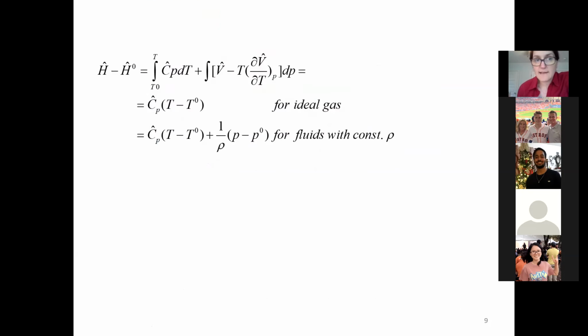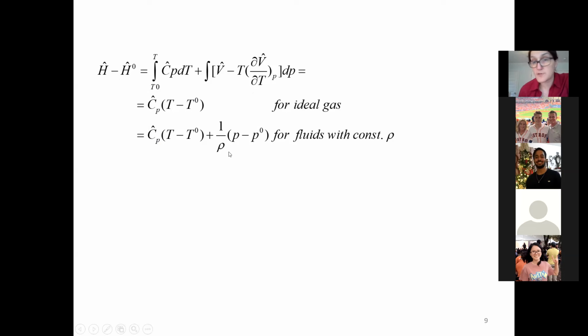So we also have to take into account what is enthalpy. And enthalpy is a thermodynamic relationship. So basically we integrate the thermodynamic relationship for enthalpy, and for ideal gas we typically take that it is Cp times (T minus T0). So this is a linear expression of temperature. And for fluids of constant density, we also add this pressure term.